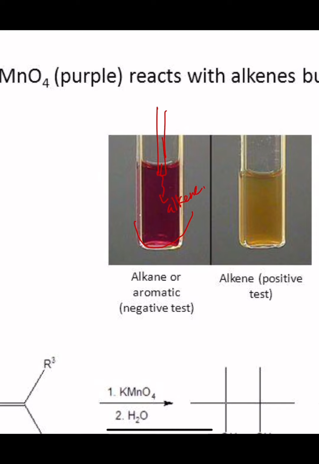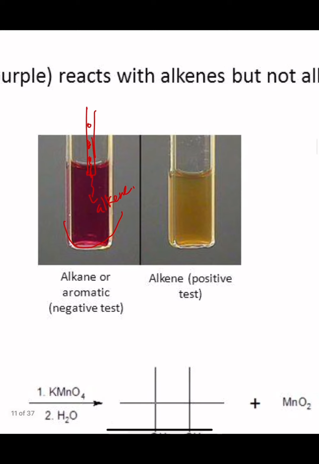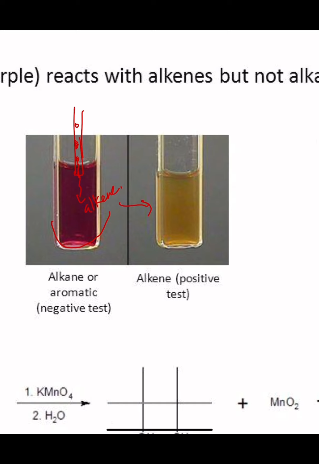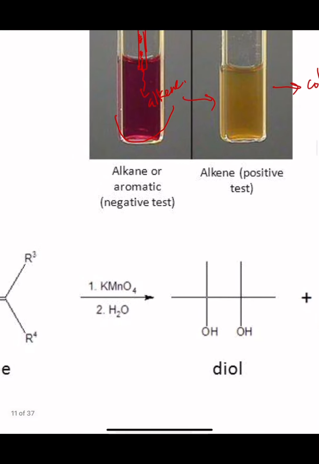The bubbles were coming from here, like the gas is going in. And it started changing to yellow, and further it goes into colorless. What is the product? What is the reaction that is happening?